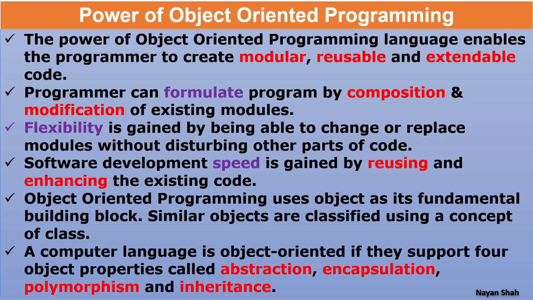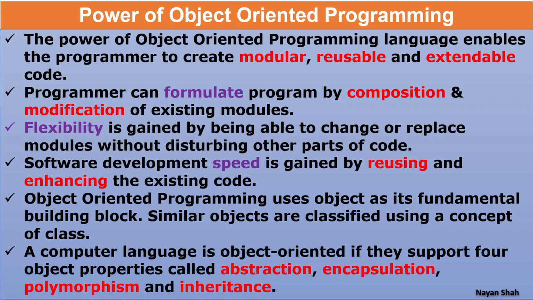Flexibility is gained by being able to change or replace modules without disturbing other parts of the code. Because you write small modules, you can make changes in one module without disturbing the rest of the program. So that is another advantage of object-oriented programming. Software development speed is gained by reusing and enhancing the existing code. So that is reusability and extendability.